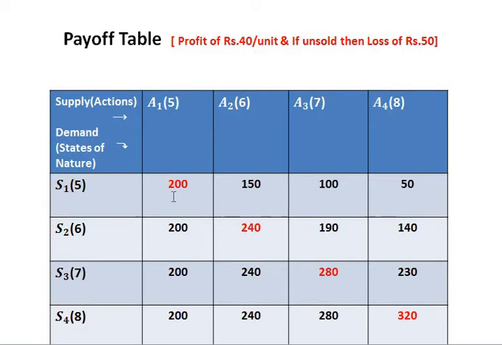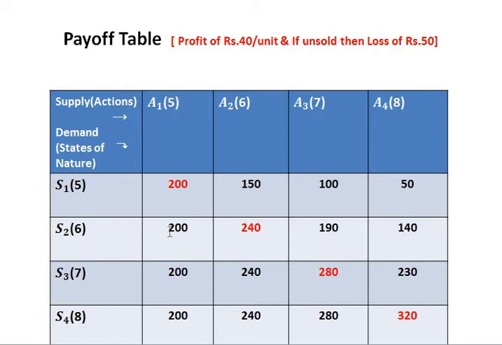Now come to the first state of nature and first state of action, that is A1 S1. Here he purchased 5 and 5 customers turn up. What will be his profit? 5 multiplied by 40 rupees profit, so profit will be 200. Next, suppose as he purchased only 5 and 6 customers turned up, will his profit change?